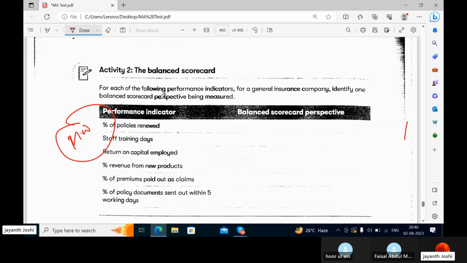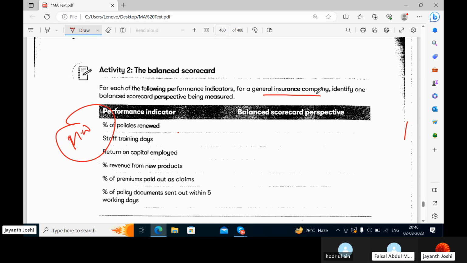For each of the following performance indicators for a general insurance company, identify one balanced scorecard perspective being measured. So here the insurance company is a general insurance company. Do you have an idea about general insurance? General insurance is like casualty and property insurance, not health insurance.